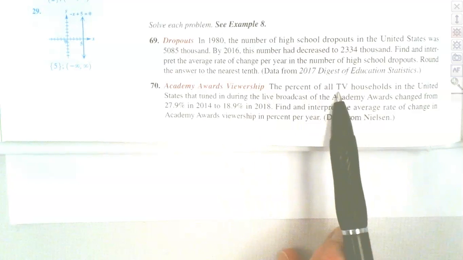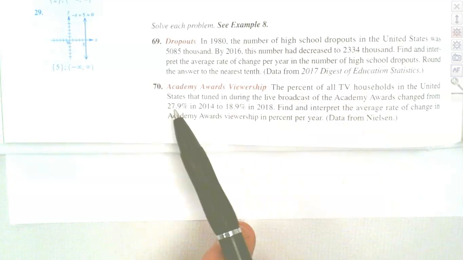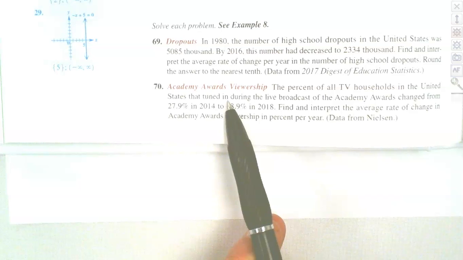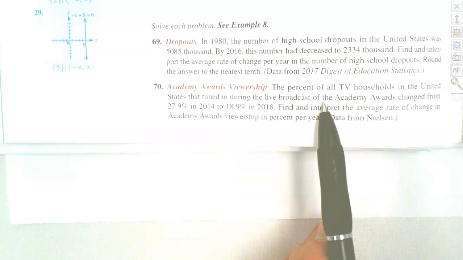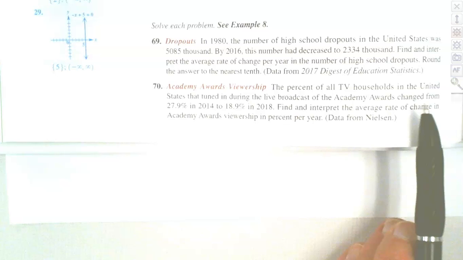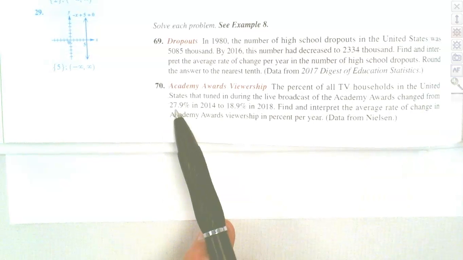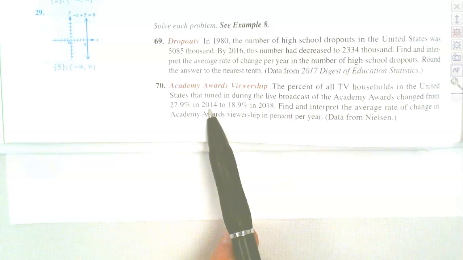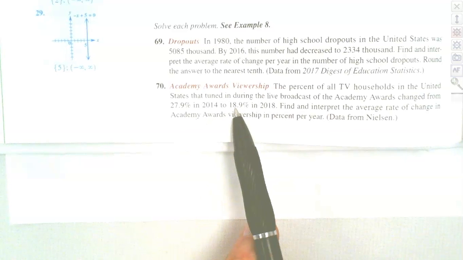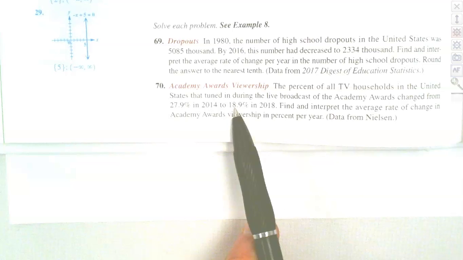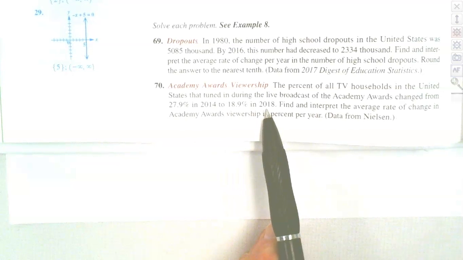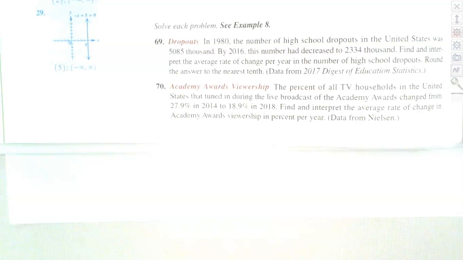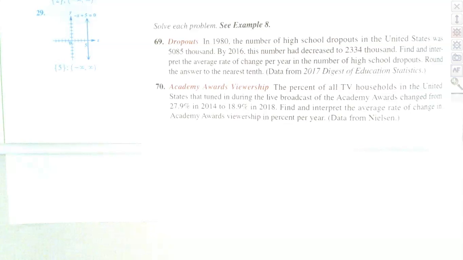The percent of all TV households in the U.S. that tuned in during a live broadcast of the Academy Awards changed from 27.9% in 2014 to 18.9% in 2018. Find and interpret the average rate of change in the Academy Awards viewership in percent per year.